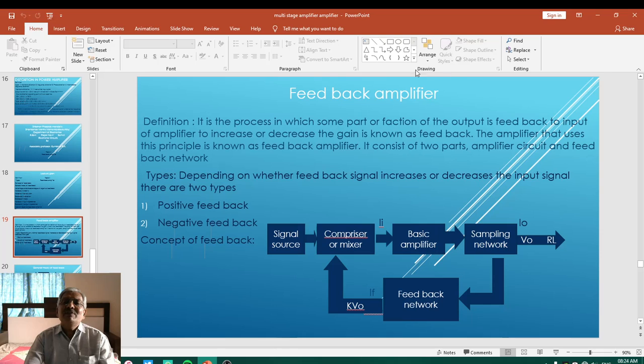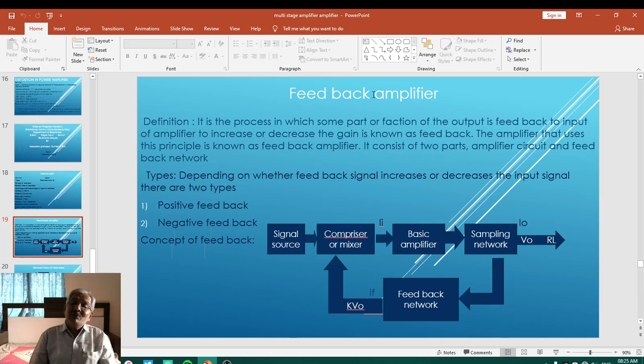Now, to begin with feedback in amplifier, as its name suggests, feedback means basically whatever amplifier circuitry we have studied, the same amplifier circuitries we are going to consider, and in that some part of the output we are taking and giving back to the input in the form of feedback signal.